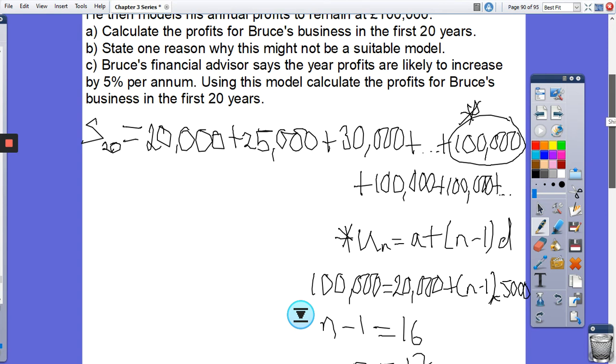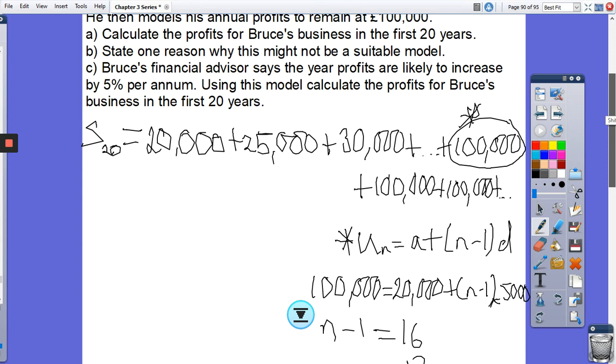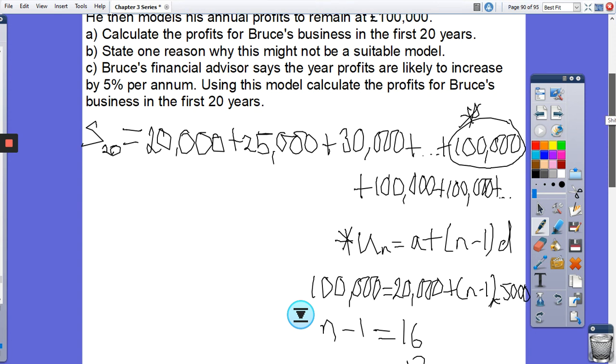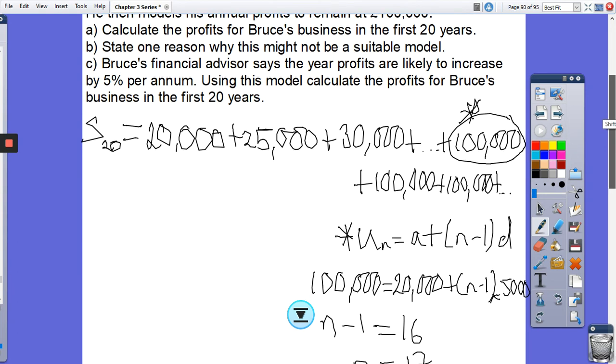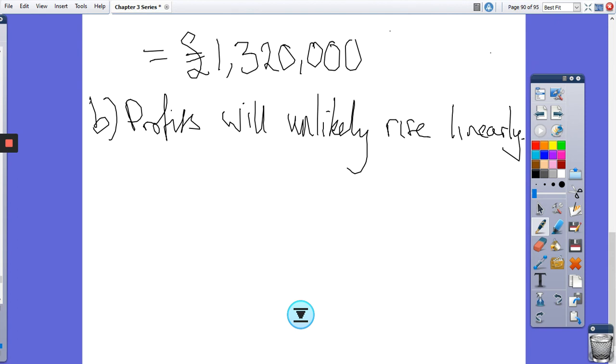So we're going to say that it's going to go up by 5% per annum, which is pretty good going. And now we're going to use his financial advisor's much more sophisticated model to work out the sum of the first 20 terms. So here, sorry about that, let's just rub that out so it's a bit clearer.